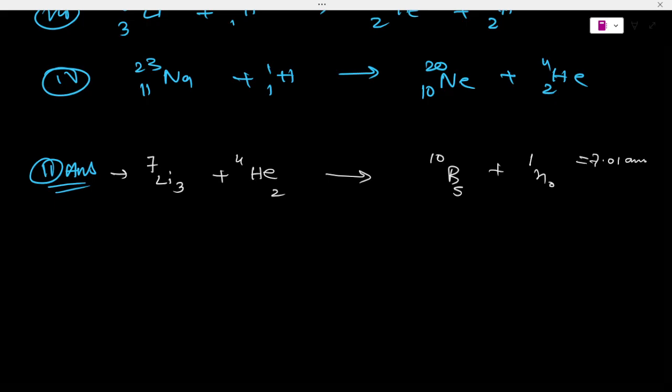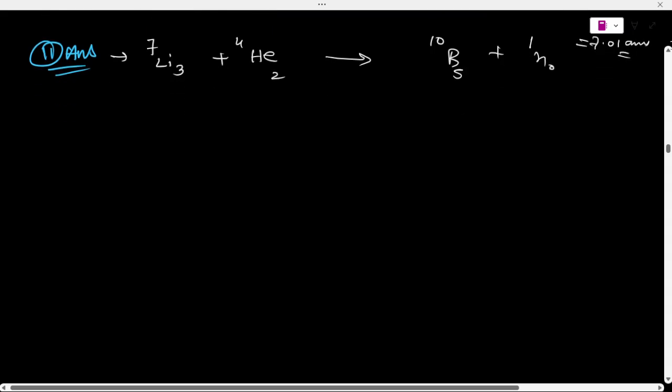The exact mass of lithium 7 is equal to 7.016 AMU.